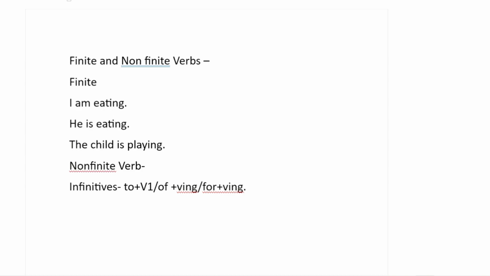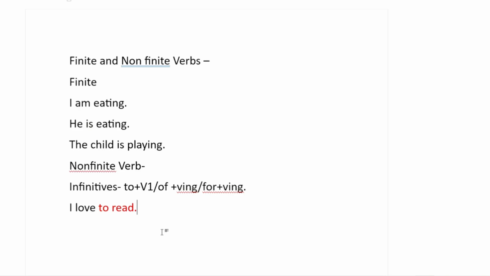It is a simple combination of to plus verb in the first form, or of and verb with ing, or for plus verb and ing. Let's take an example to understand it better. Suppose I say, I love to read. Now, in this sentence, do we find to plus verb in the first form? Yes, that is to read. So, I can say that to read is an infinitive.